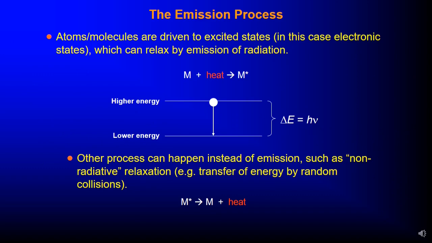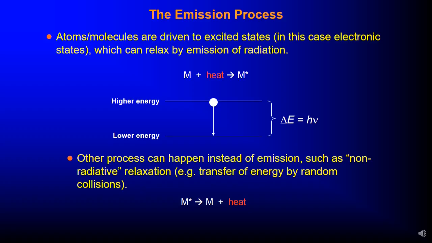In the emission process, atoms or molecules are driven to excited states. So you can see here, we have a lower state. When it absorbs energy, it goes to a higher state, but when it goes back to the lower state, it has to emit energy equal to what was absorbed.